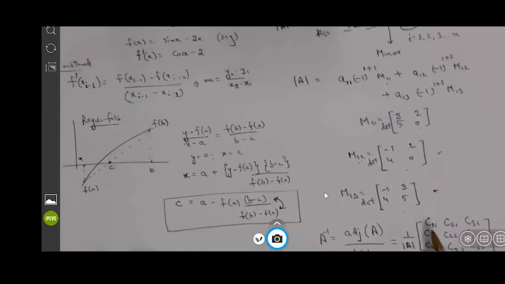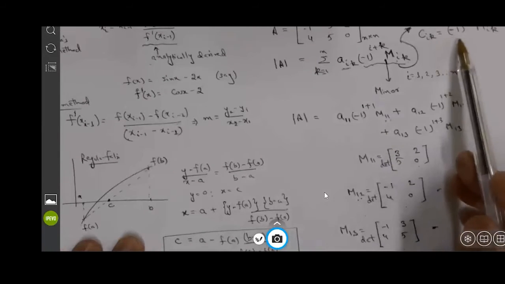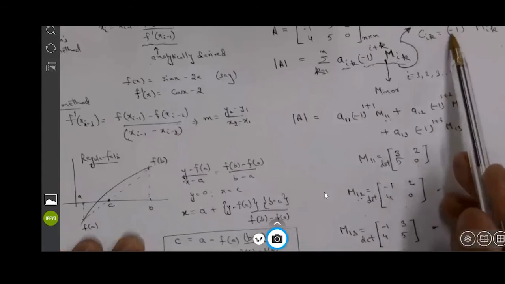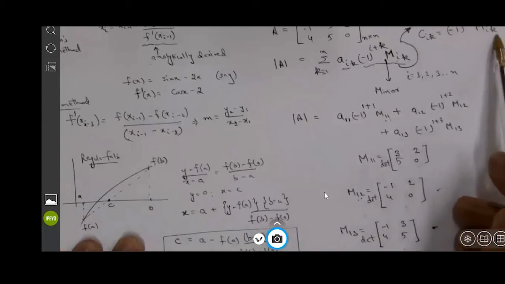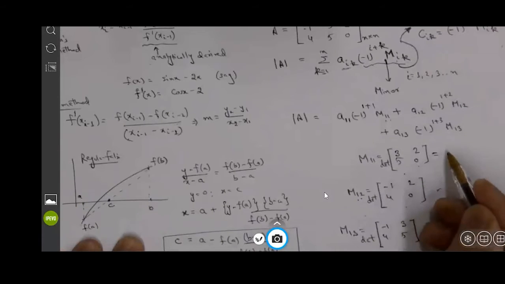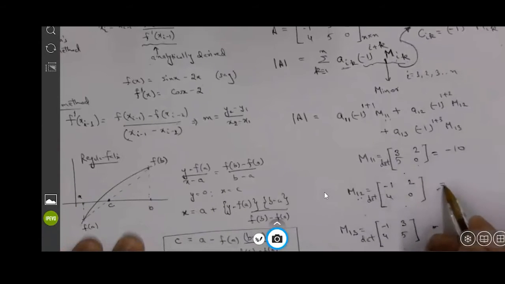Now what is C11? C11 is the cofactor that you obtain using this, where C11 will be (-1) raised to power 1 plus 1 times M11. And M11, you know, is the determinant of this matrix, which is just -10 - 8... -5, -12 is -17.